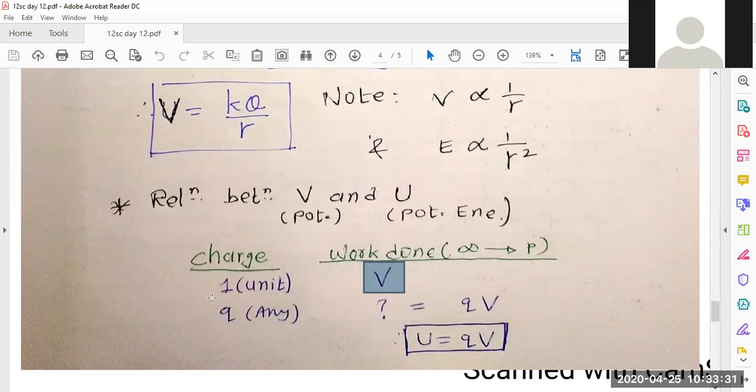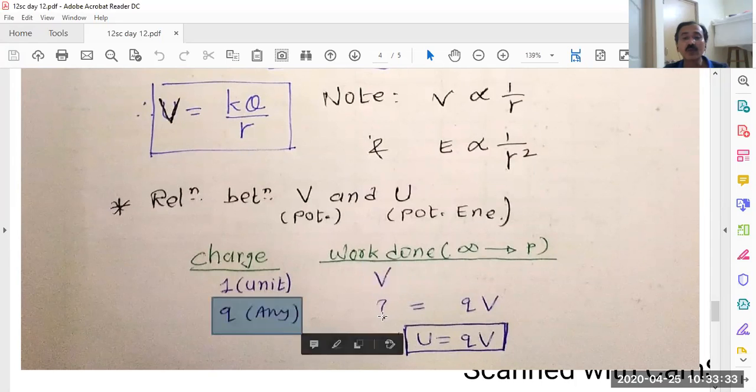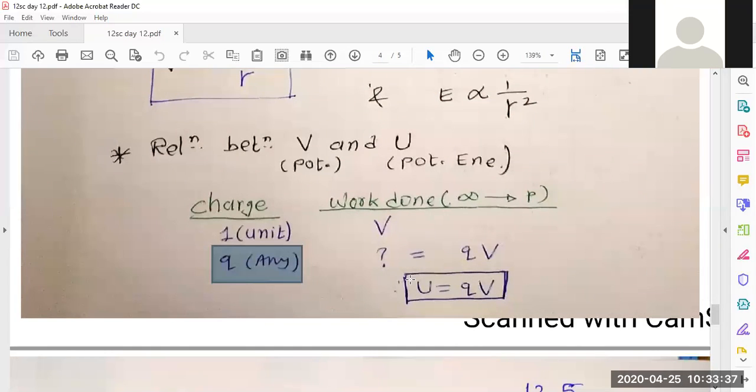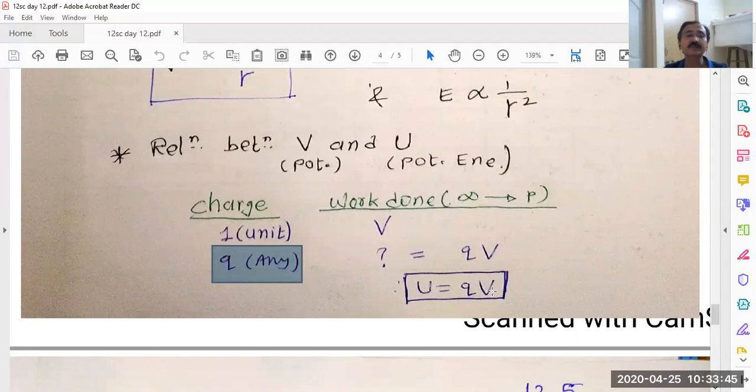Now, if you are bringing any other charge, what is work done? It is Q times V. That is potential energy. U is equal to QV. So U is potential energy and V is potential. Is it clear?